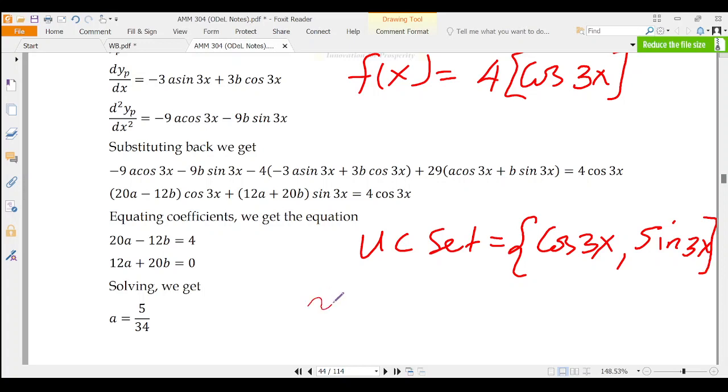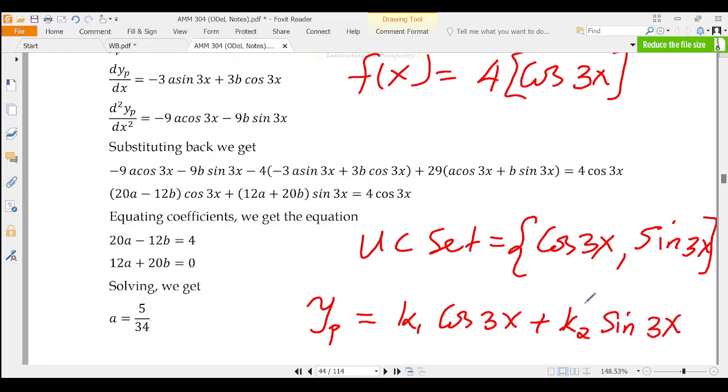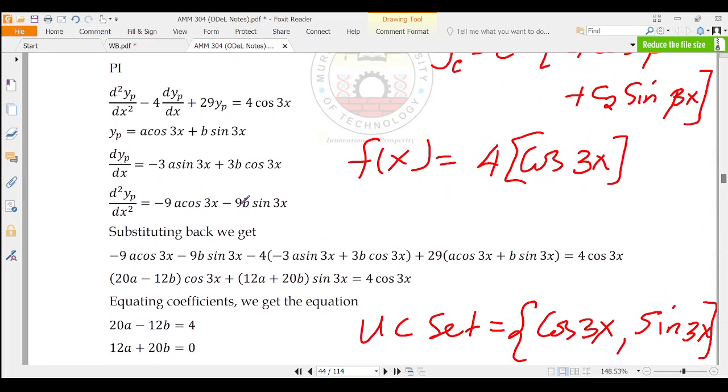Now, yp is the linear combination of these two. So we write k1 cosine of 3x plus k2 sine of 3x. Once we have the function yp, we need to differentiate and substitute back in the differential equation.